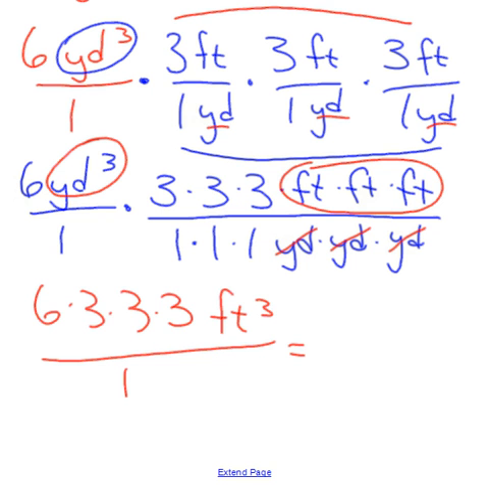So on the top, I have 18 times 3 times 3, so 18 times 9 I'll do on my calculator. And that comes out as 162 cubic feet. So 6 cubic yards turned into 162 cubic feet.